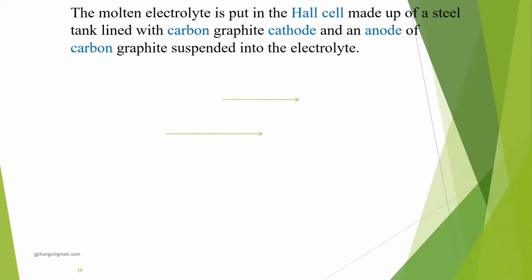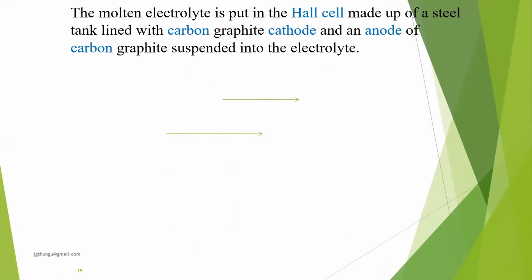Chemical reactions that take place. How does this Hall cell look like? The Hall cell is made up of a steel tank, which is lined with carbon graphite, and an anode of carbon graphite suspended into the electrolyte.